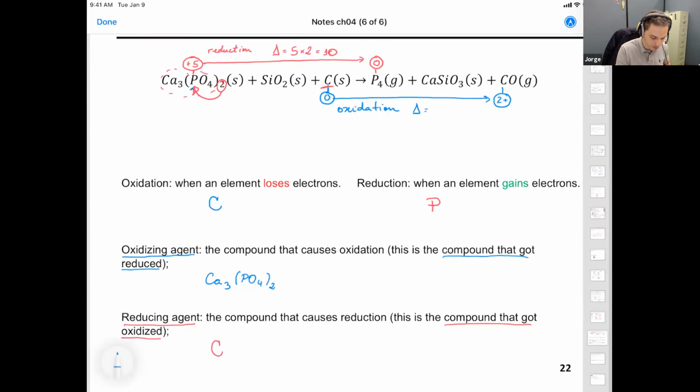Carbon started from 0 and went to 2 plus. Therefore, the change is 2. And we have always to multiply by the number of atoms on the reagent side in the unbalanced reaction. For carbon, we just have 1. Therefore, 2 times 1 is 2.